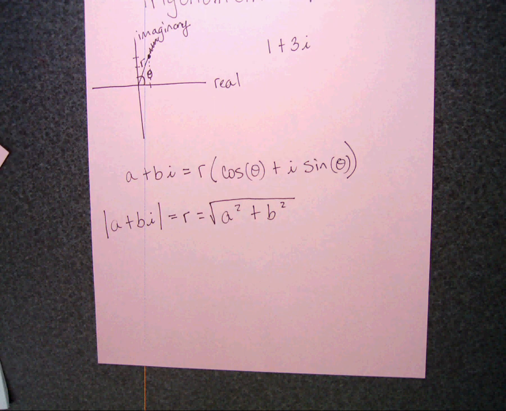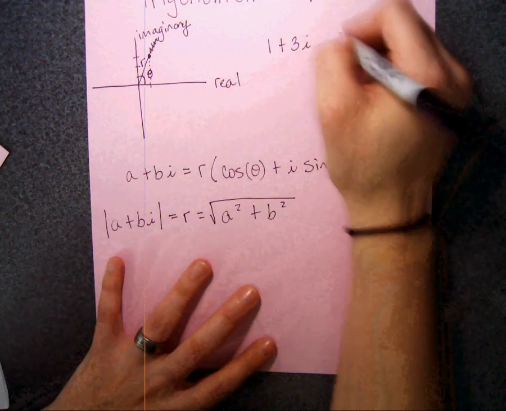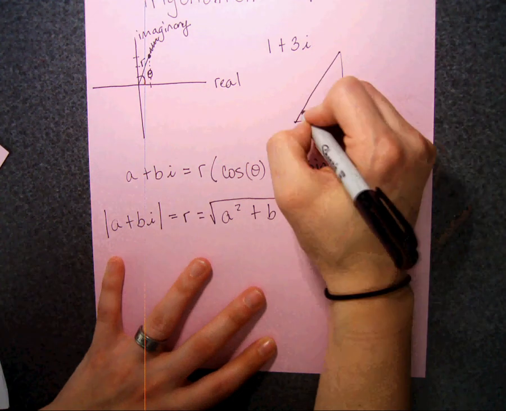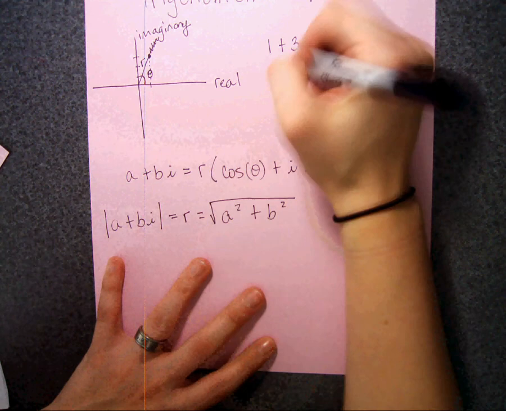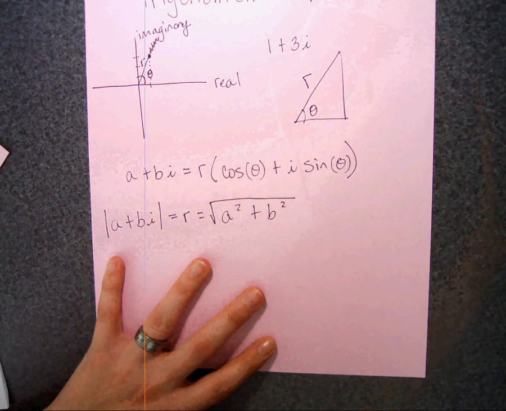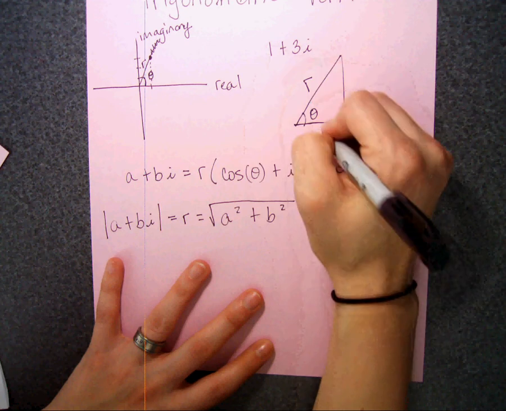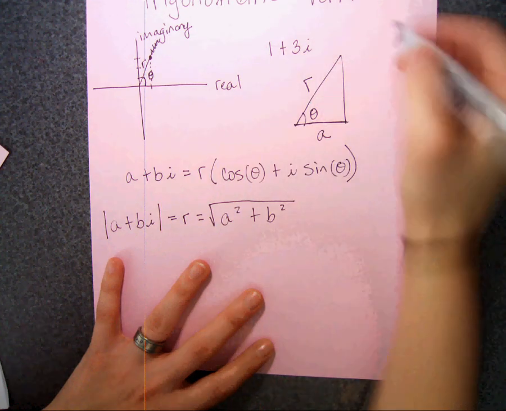If I pop this triangle out, let's look at it kind of blown up here. I'm looking for this angle theta. I have my hypotenuse is r. The bottom is the real part of my complex number, which is a, and the side, the height, is the imaginary part. How can I find theta?